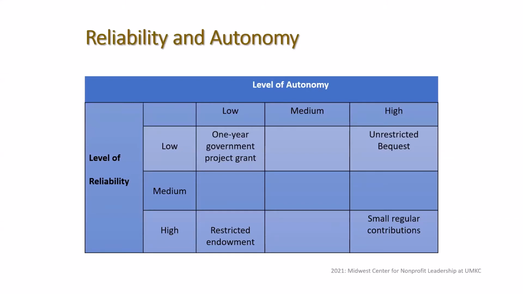Typically those support general program operations, so it has a medium to high level of autonomy and a high level of reliability. As that mill's coming to expiration, and I'll talk about a different kind of mill in a second, it's going to end up in the low category because of the political process associated with it. It still is a medium to high in the autonomy, but that doesn't change. But the reliability does change.